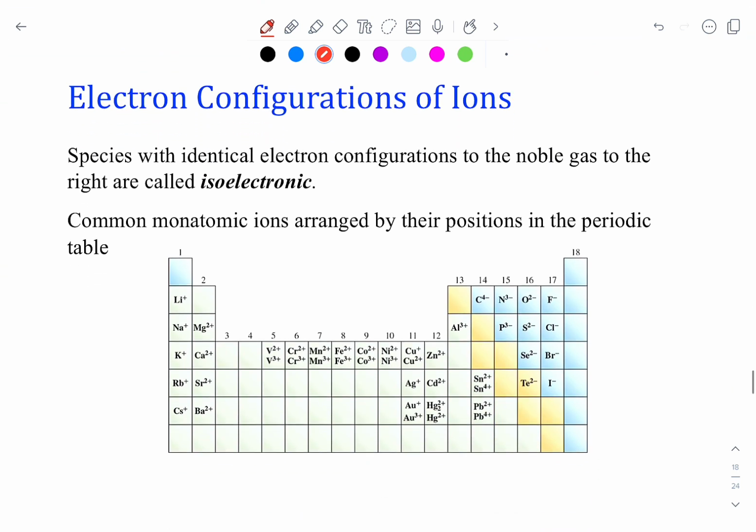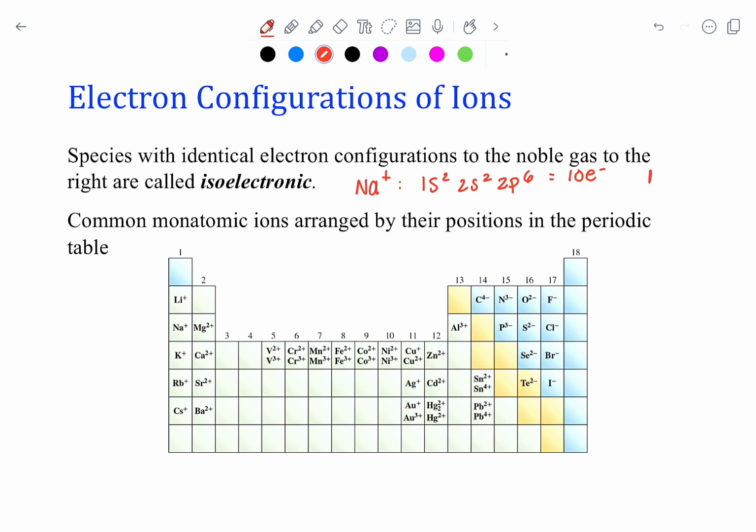So species with identical electron configurations to the noble gas to the right of them are considered isoelectronic. If we look at sodium, when we had Na+, we had 1s2, 2s2, 2p6. That has 10 electrons. Now let's look at our periodic table. What other element also has 10 electrons?